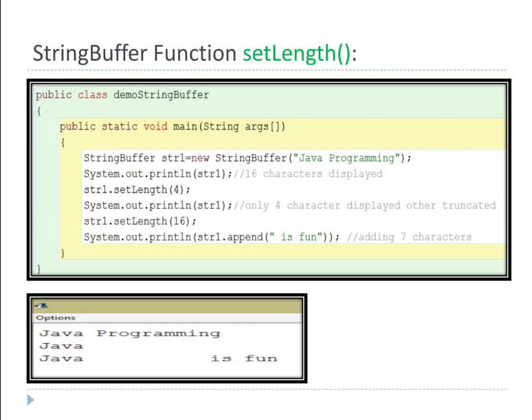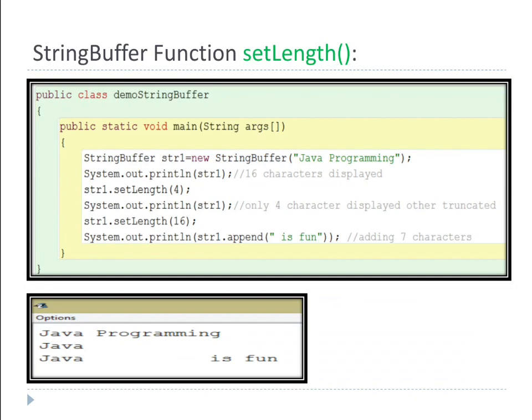Append contains "is fun". And see, I told you, if we have fewer characters and the set length is larger, then the remaining characters store null, meaning empty spaces. In the third one, you have seen the empty spaces shown between Java and the appended text.